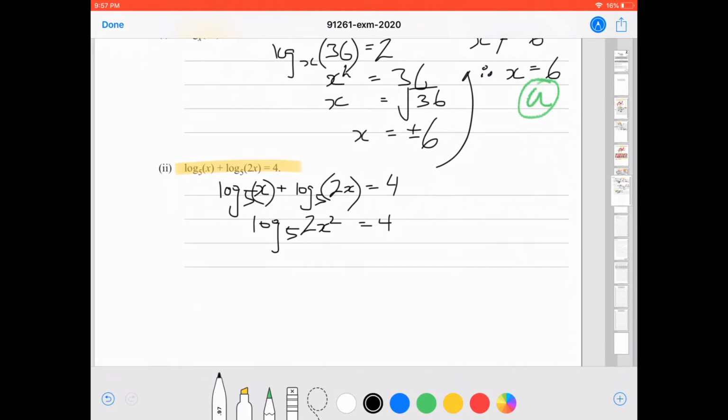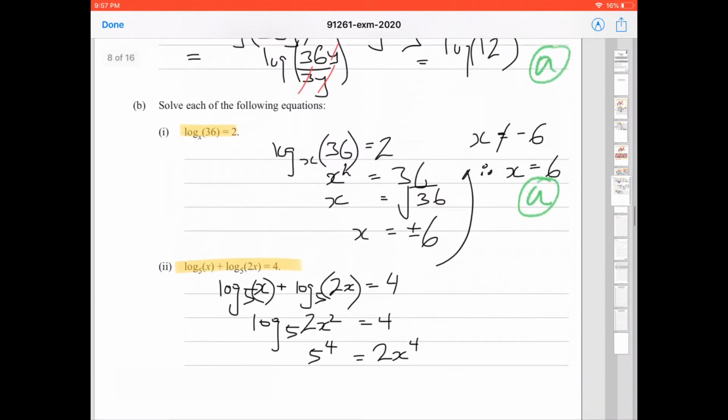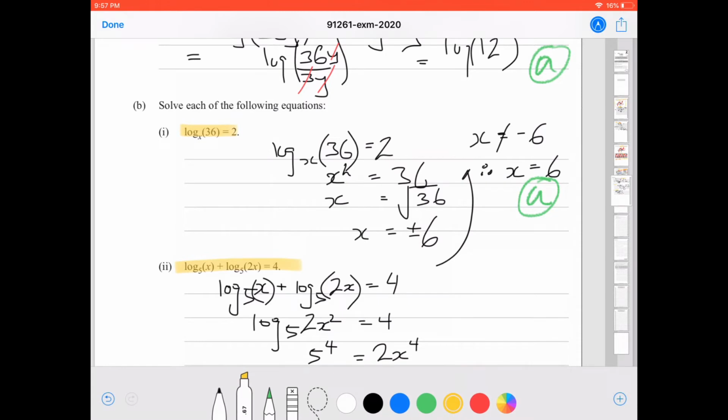Okay, and now what do we say here? We can say 5 to the power of 4 equals 2x squared. It looks odd, but that's exactly the same rule we are using here: x squared equals 36.